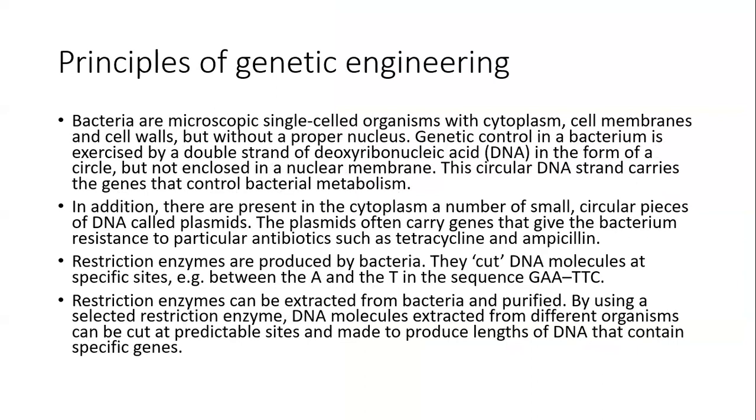Now, a big example of this is how we get bacteria to make insulin. At one point in time, we did not have the insulin that we have now. We used to extract insulin from animals as treatment for diabetes, but that came with a lot of drawbacks.